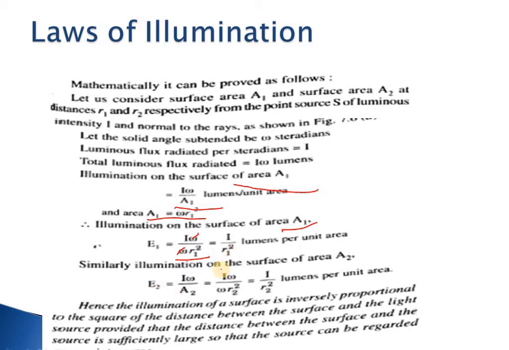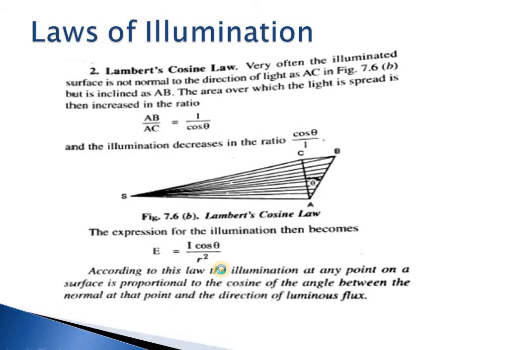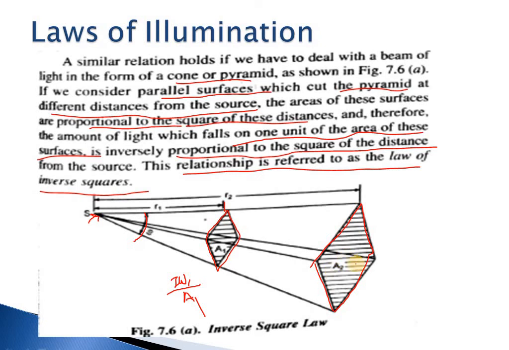Okay. A similar calculation we can do for the cross-sectional area A2. Here it will be I omega by A2, where A2 will be omega into R2 square. So ultimately it will be I by R2 square, and this one I by R1 square.